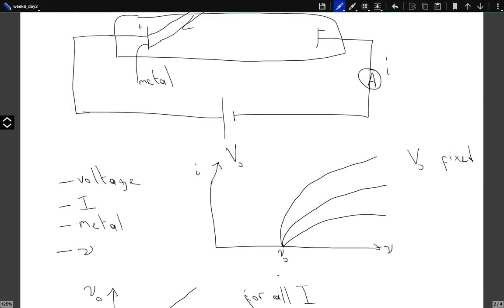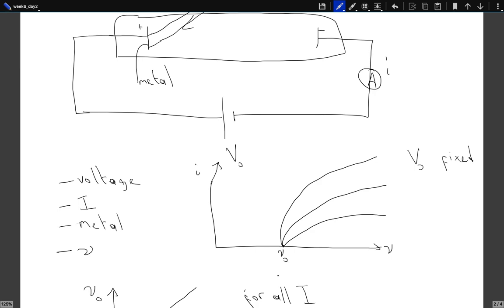So if we go back to our plots, well, the maximum kinetic energy will be proportional to nu. And the current will be proportional to the number of electrons, not their kinetic energy. So that's why it's not a straight line.